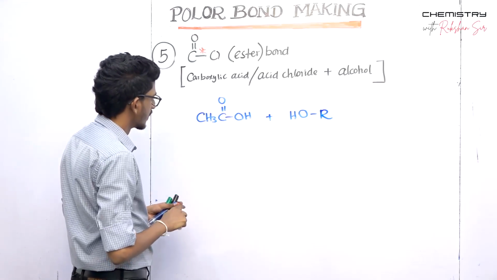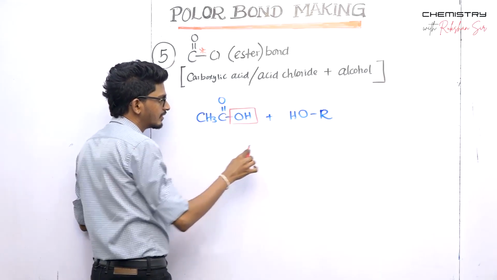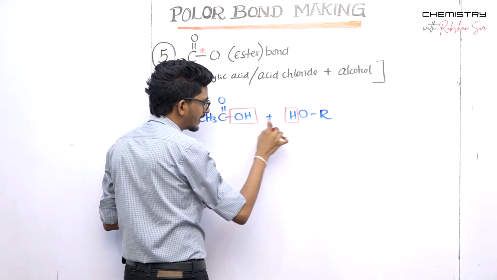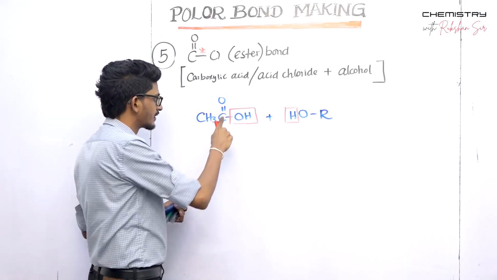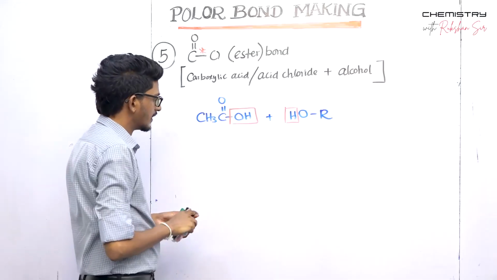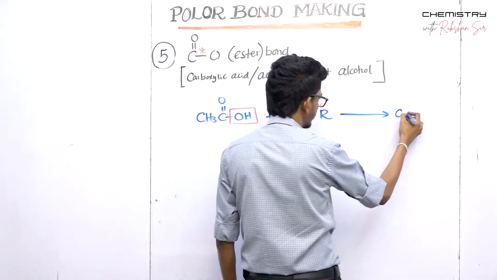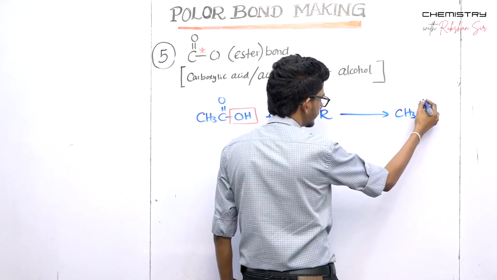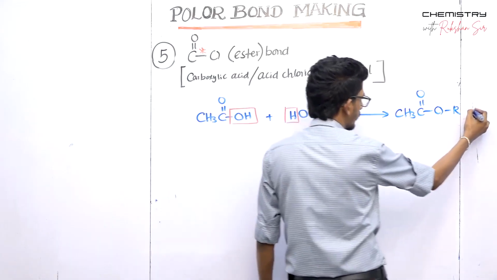The OH from the acid will leave with one of the hydrogens from the alcohol, and then this carbon will connect to this oxygen, giving you this ester by leaving the smaller molecule H2O.